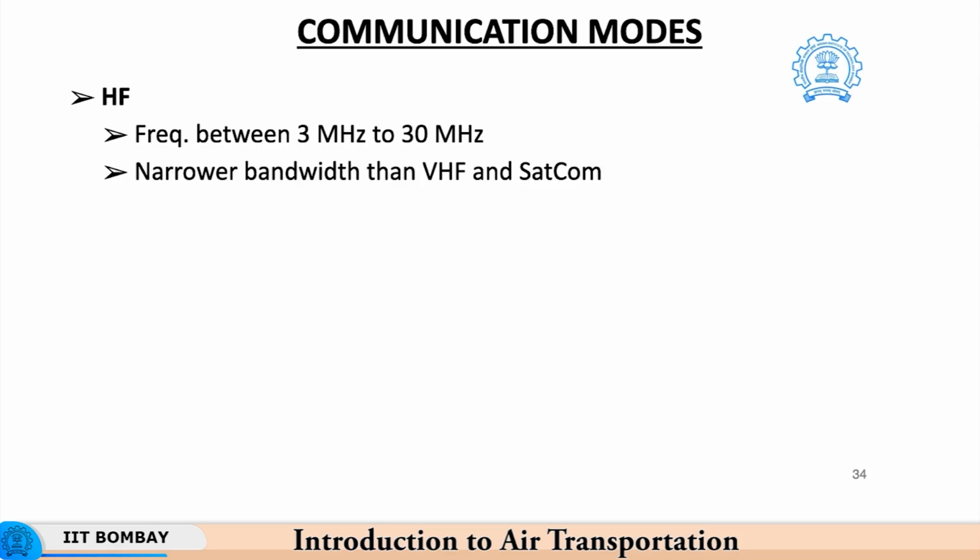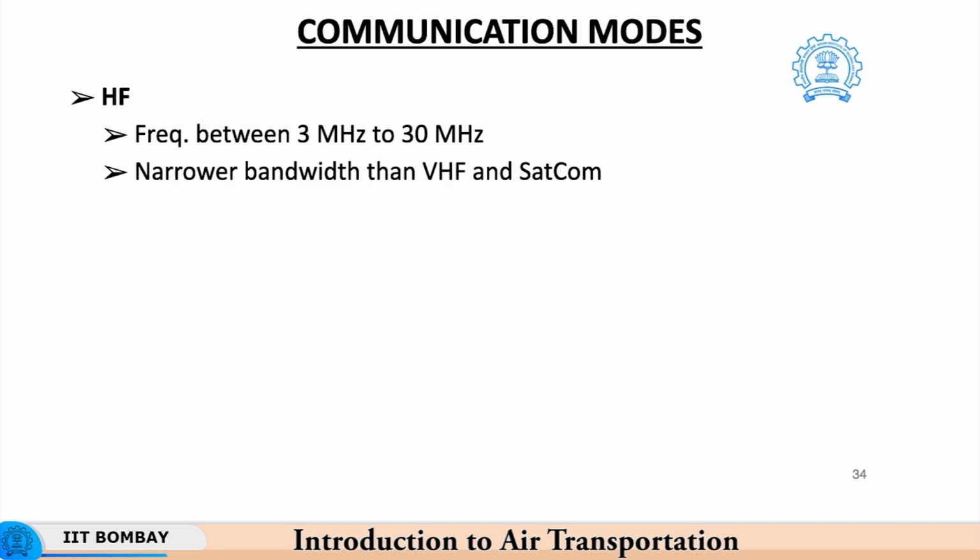Now, this has a narrower bandwidth compared to VHF and SATCOM. When we talk about a narrower bandwidth, what we mean is that the number of frequency allocations possible with the HF communication mode is lesser compared to VHF and SATCOM.